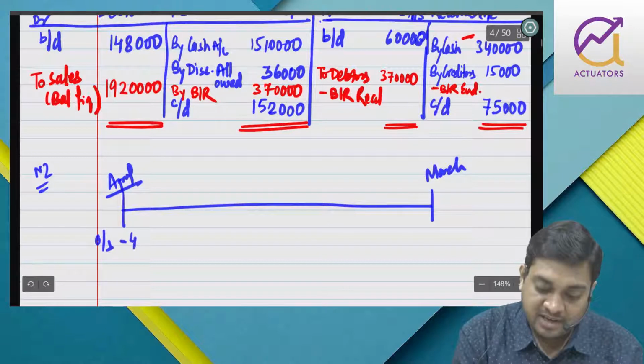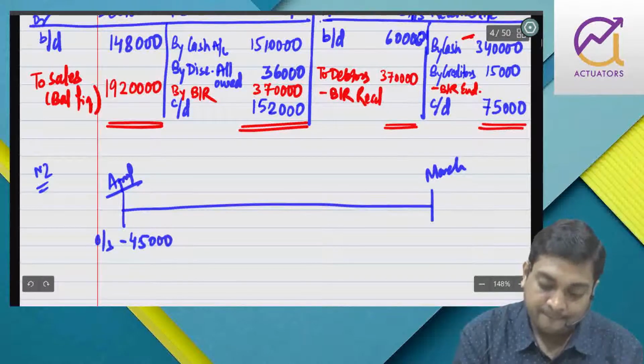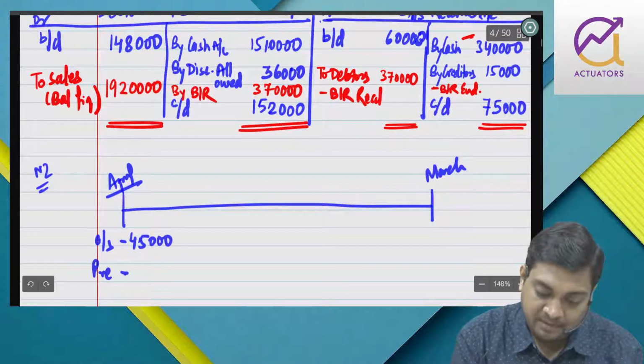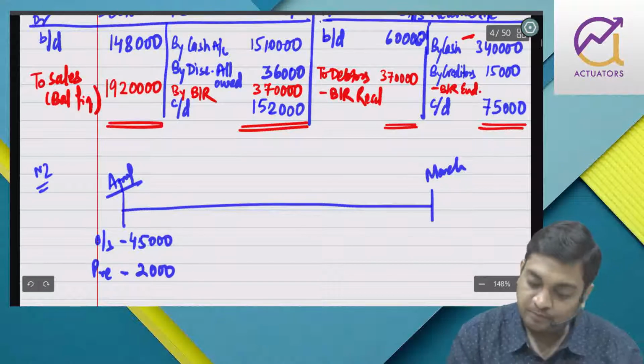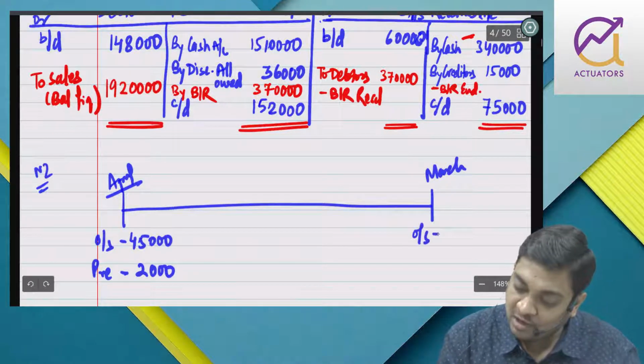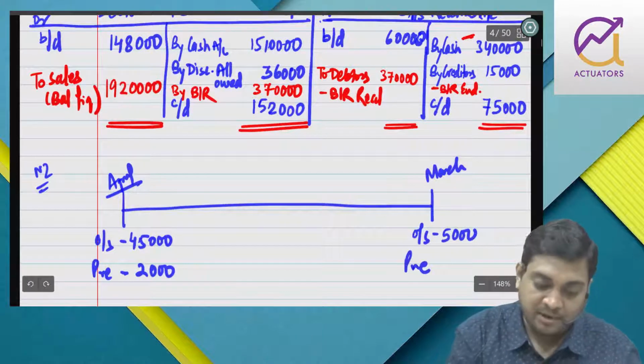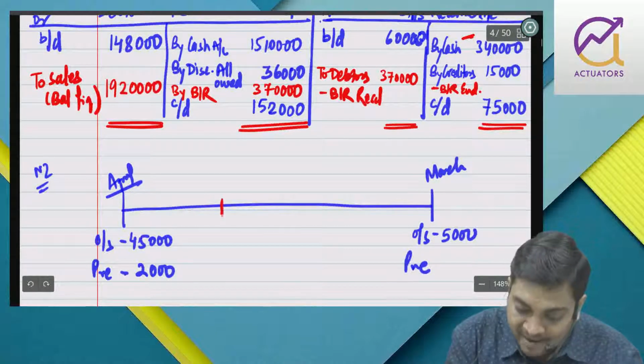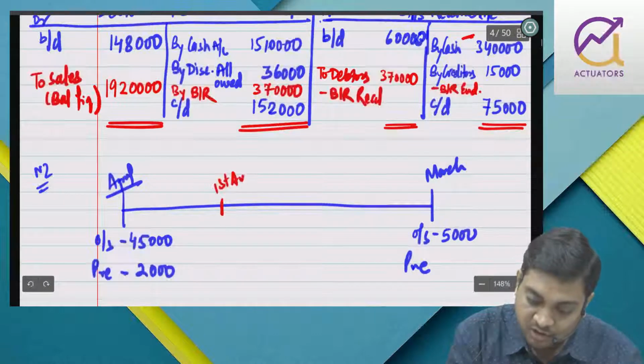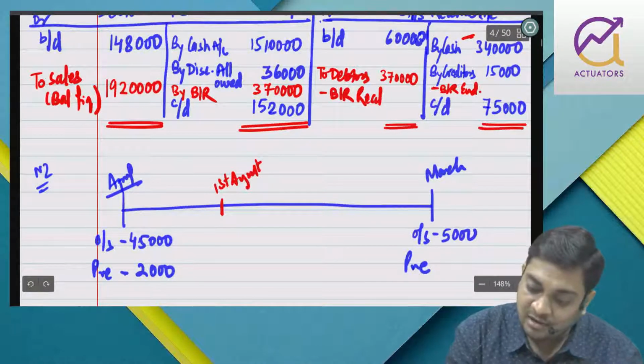So opening outstanding is 45. Opening prepaid is 2. Closing outstanding is 5. What is closing prepaid? I have paid insurance premium on 1st of August and that is annual.